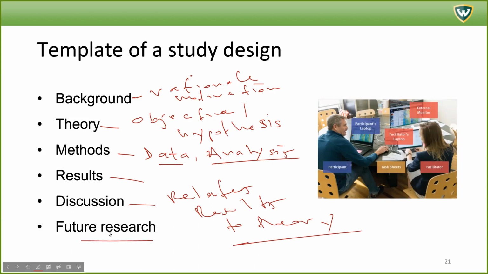And maybe future research. We don't need to be much concerned about that here, but often also limitations. What are the limitations for your research? Maybe you had very few people in your study. Your study only had 20 people. I mean, can that be really representative of your 3,000 employees? So maybe you need more people in your research, and that could go in future research and so on.